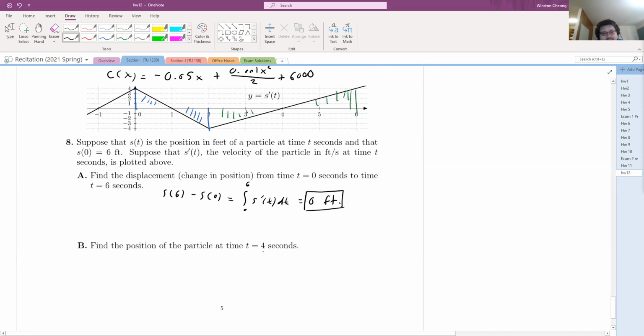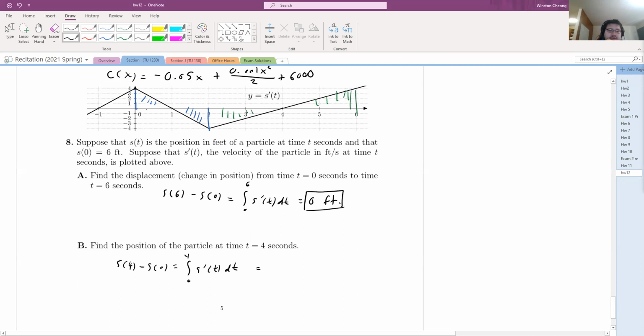For B, the ending time is different, so we can calculate that slightly differently. The position of the particle at 4 seconds. You could probably write this in the same way, though I don't seem to have done it that way.